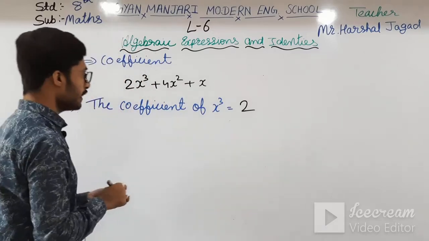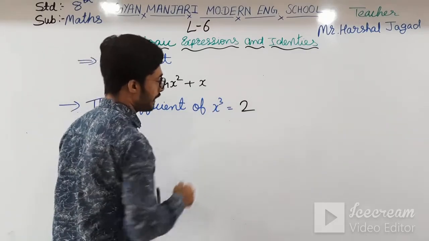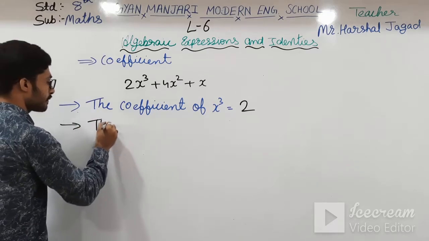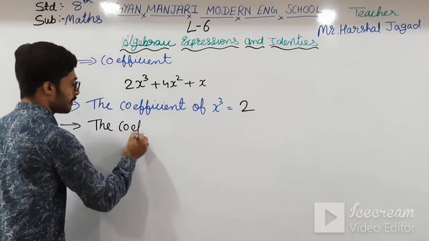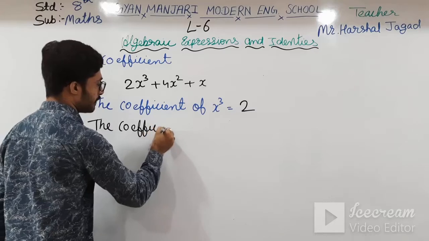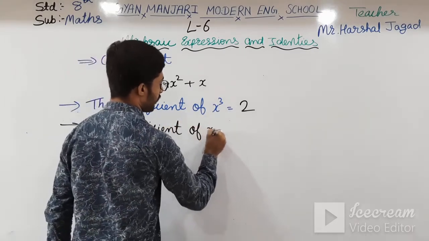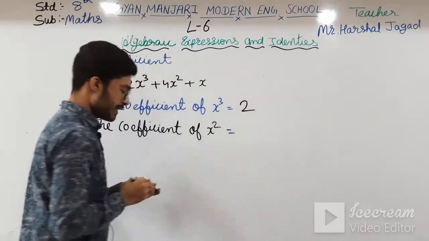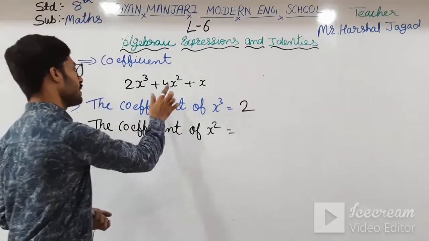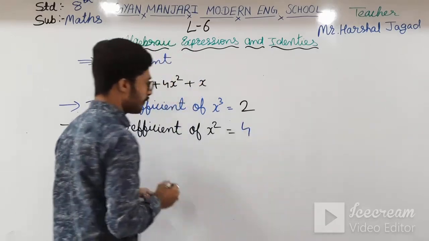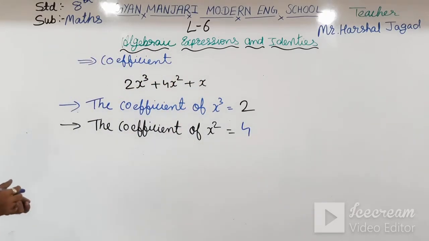The coefficient of x cube is 2. Now the coefficient of x square. What is the coefficient of x square, students? That is 4. Coefficient of x square is 4.